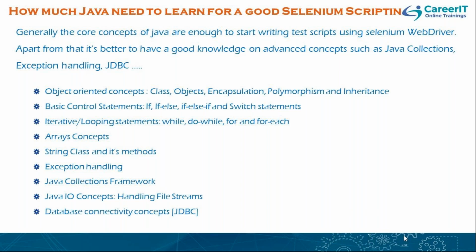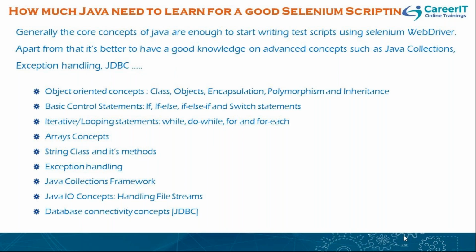JDBC concepts are also required. Once we are good at these concepts, that's enough. JSPs and all those are for development purposes, because we are not in development mode, we are into testing, right? So we are not going to develop anything using core Java here.